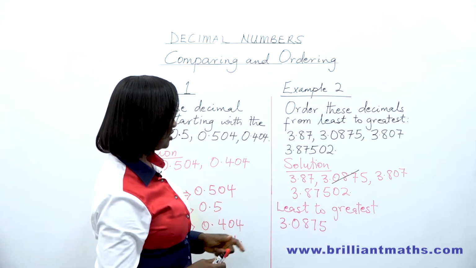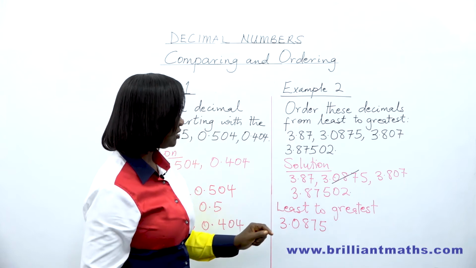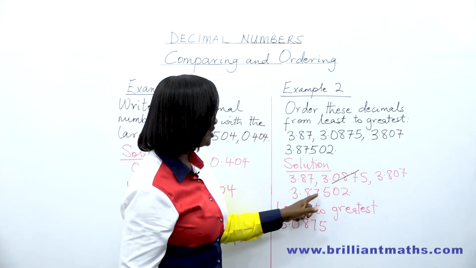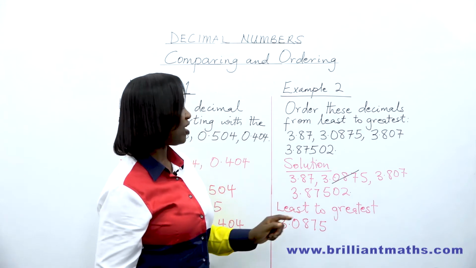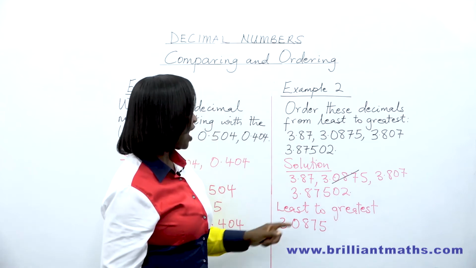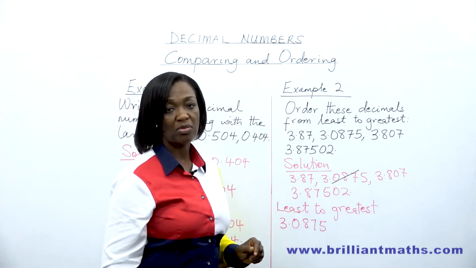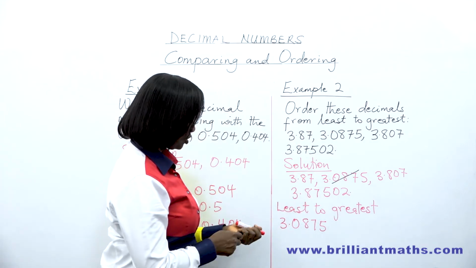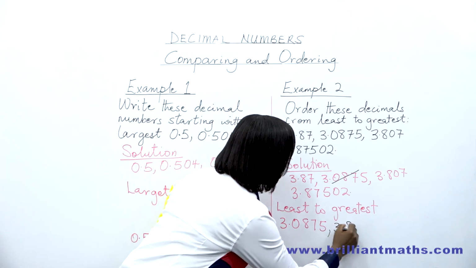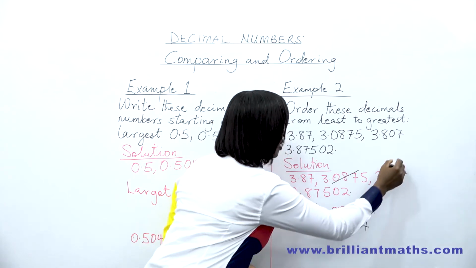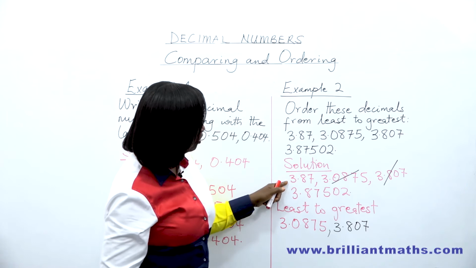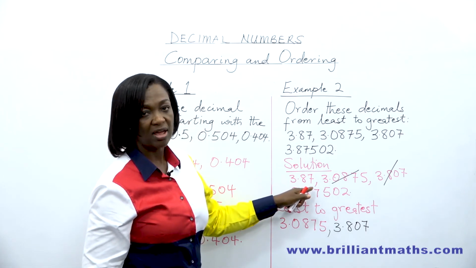Let's see the next. 3.87, 3.807, 3.87. So the next smallest is 3.807. There's a 0 in the 100th column, and there are 7s in the 100th column of the other two numbers. So the next number is 3.807. I strike it out. The next number will be 3.87 because it terminates there.